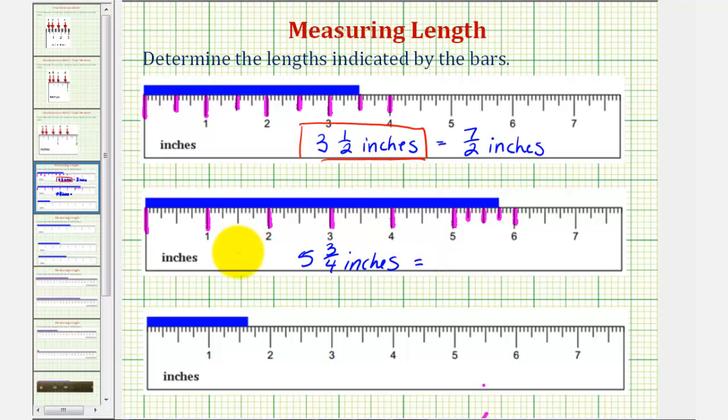Again, let's also express this as an improper fraction. So we'll divide this entire length into 1/4 inch partitions.